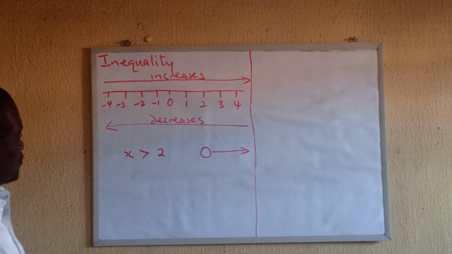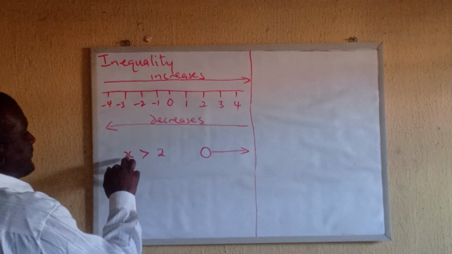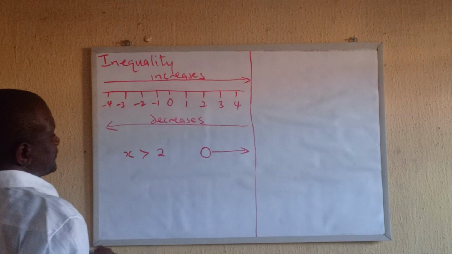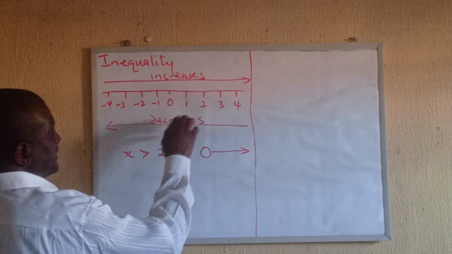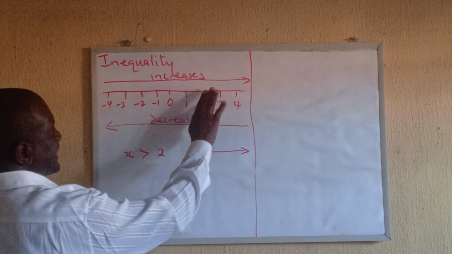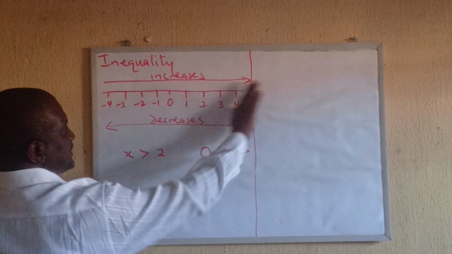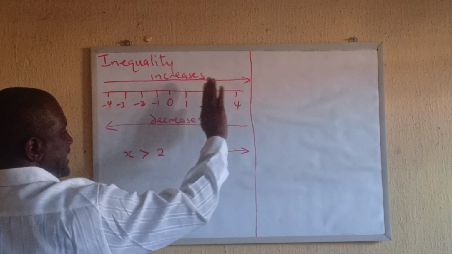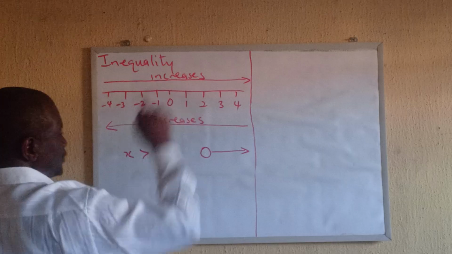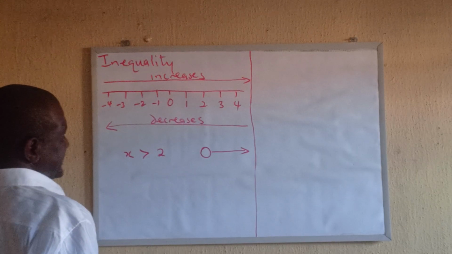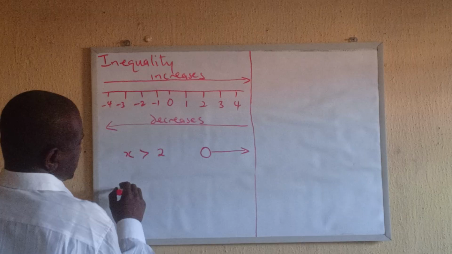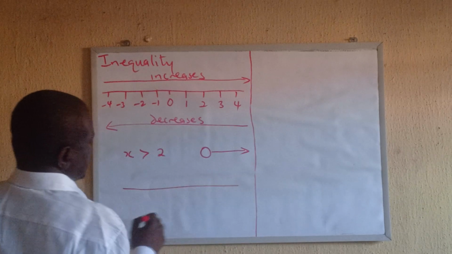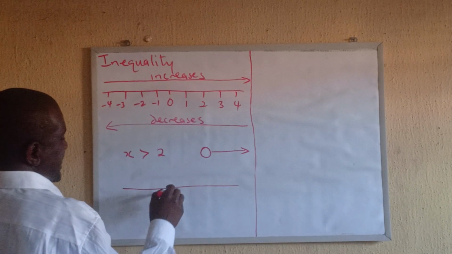For instance, now I want to sketch the graph of x greater than 2. I know greater than 2 on my number line here. That means this is 2. Greater than 2 should be when I'm going to my right from 2, and 2 is not part of it because it's greater than. So I will sketch a simple number line.